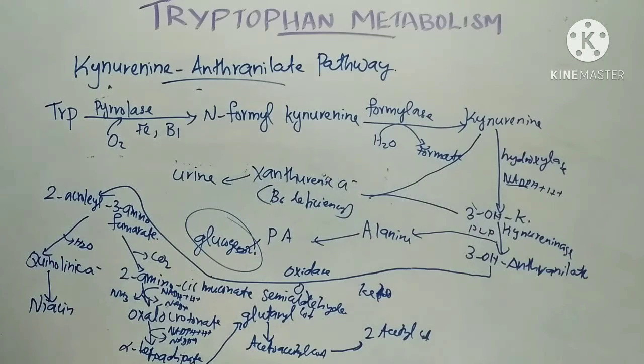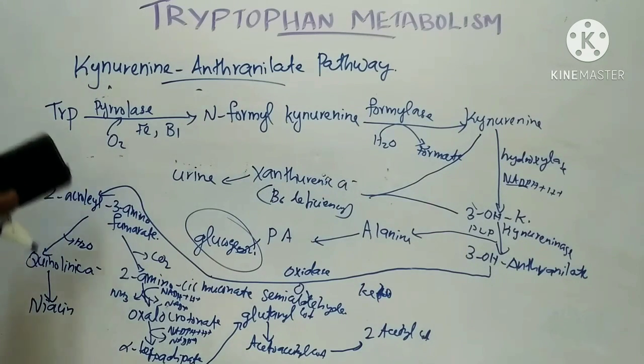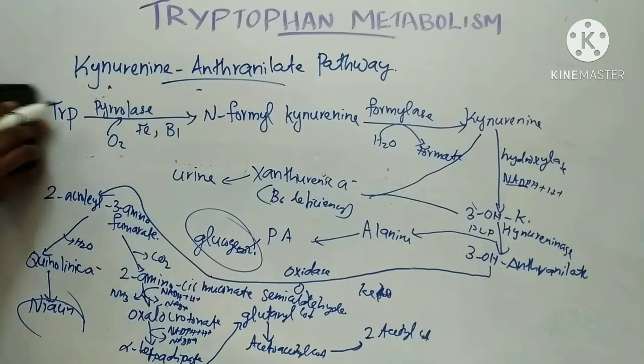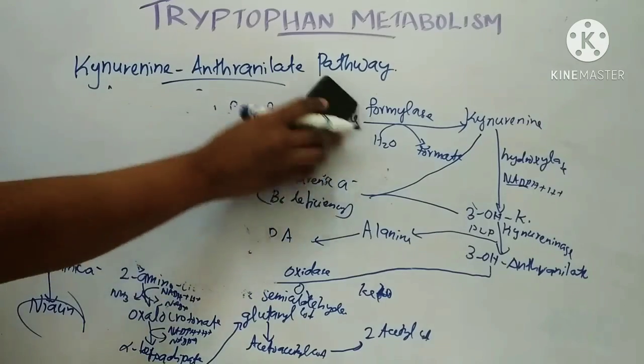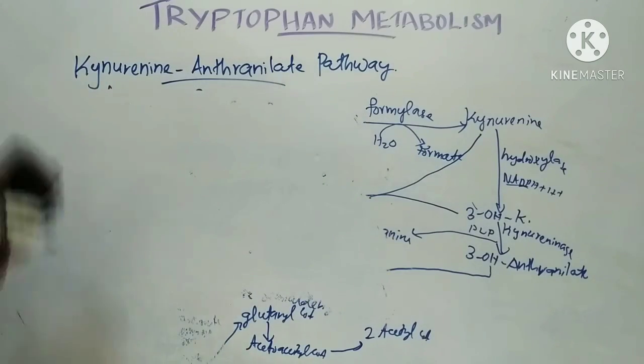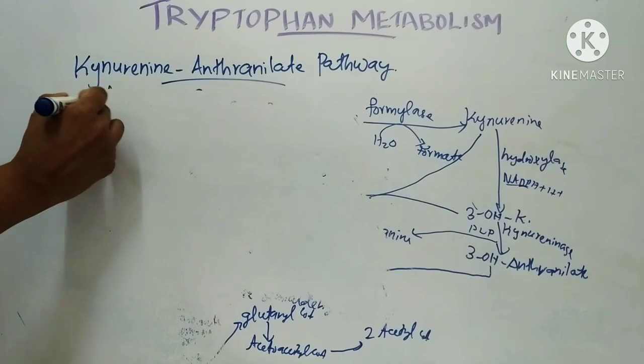Coming to the metabolic roles of tryptophan. Tryptophan can form nicotinic acid or niacin. Then it gives rise to the formation of melatonin and serotonin. Then on transamination, tryptophan forms indole pyruvic acid.